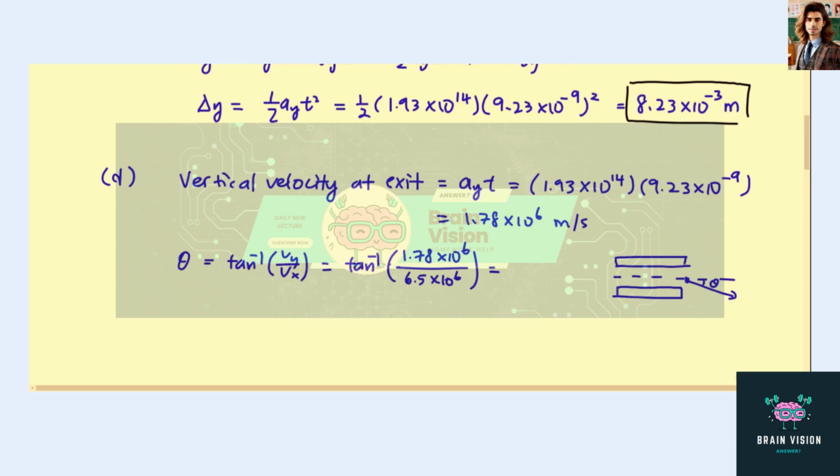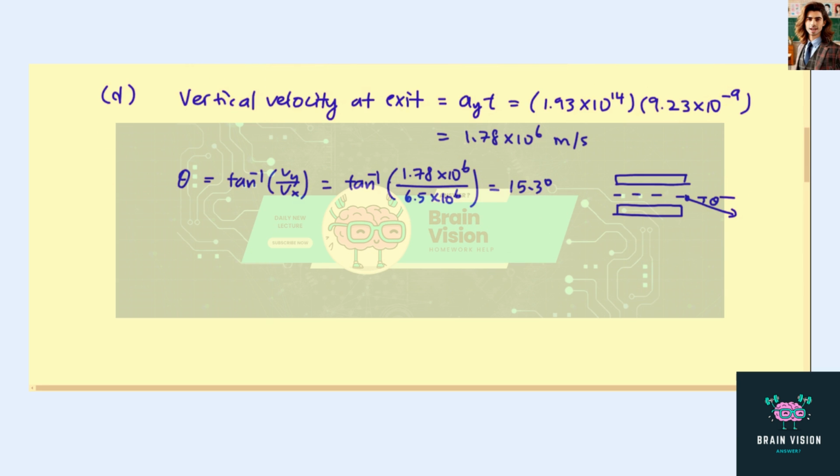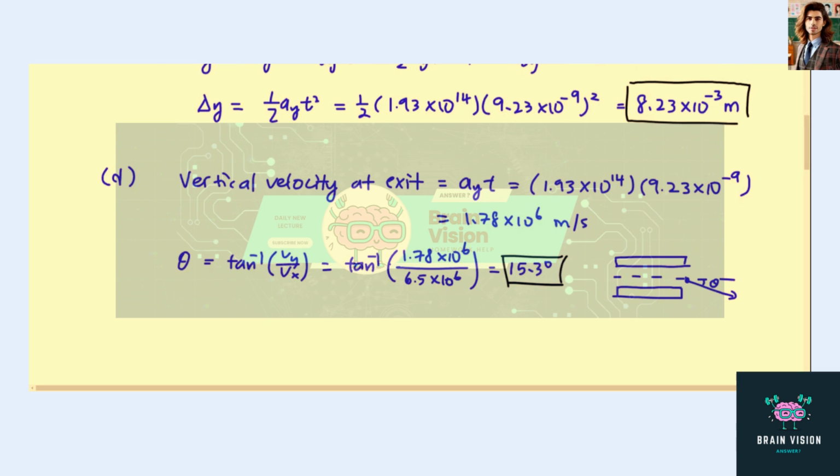If you calculate this, you get 15.3 degrees. But at the same time, it has already moved downward by 8.23 times 10 to the negative 3 meters.